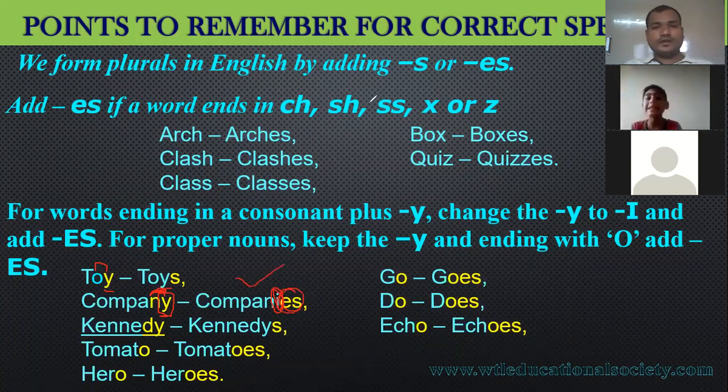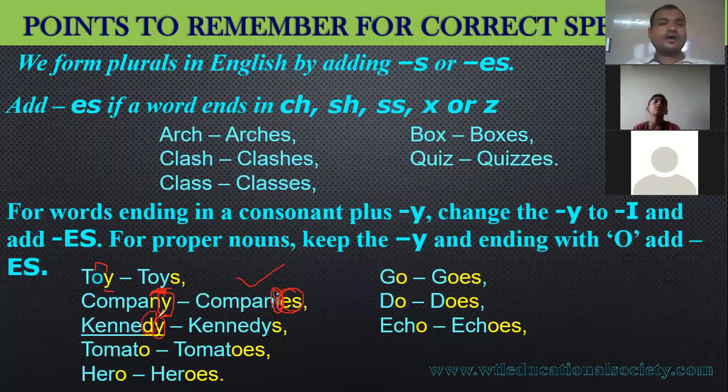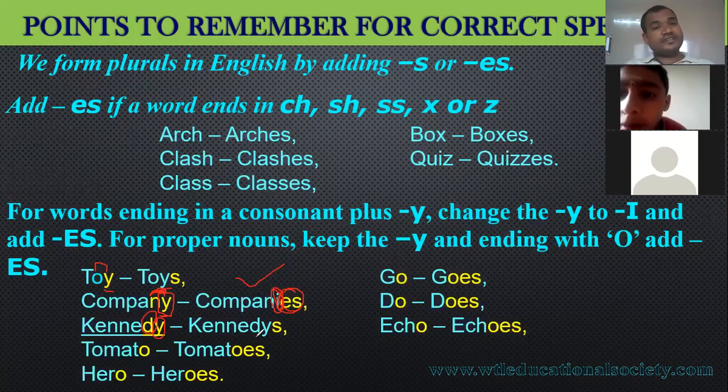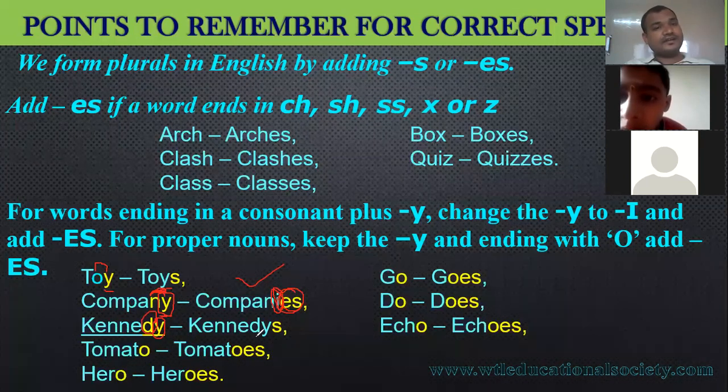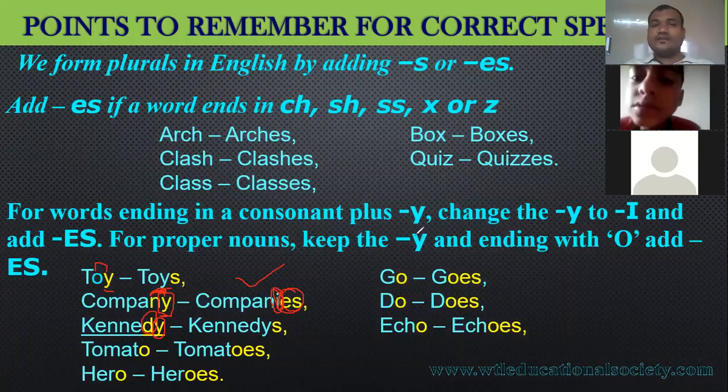Now, the next one. Kennedy. The letter ending is Y and it is preceded by a consonant, so it should be changed as per the rule: change Y to I and add ES.